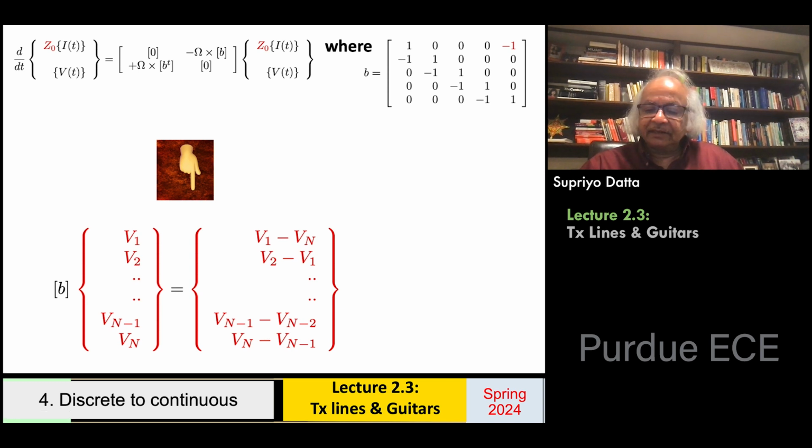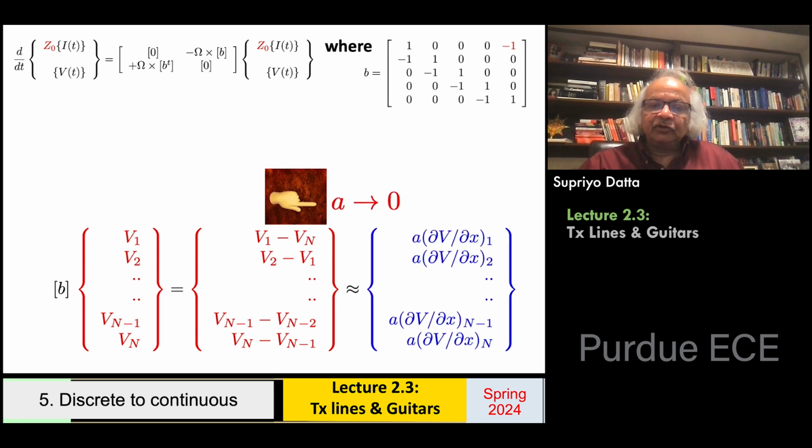Now, as we let this a tend to 0, the point is that these differences can be written as a times the derivative of V with respect to x. So here we are making a conceptual step from what we were doing before to where we are going now.